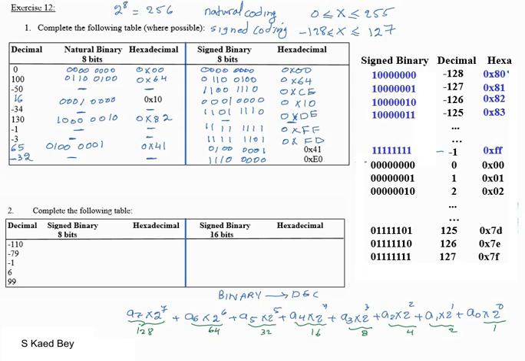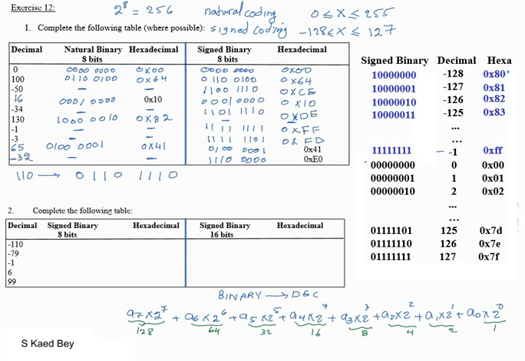Let's take the negative 110. If we take the absolute value of this number as 110, the binary equivalence would be, so we don't have 128 in it, 0. We have 1 64, we can have another 1 32, and we can have a 0 16, we can have 1 8, and 1 4, 1 2, and 0.